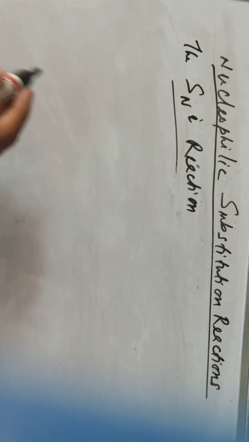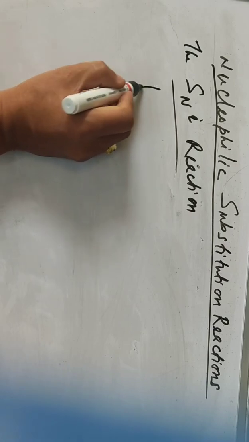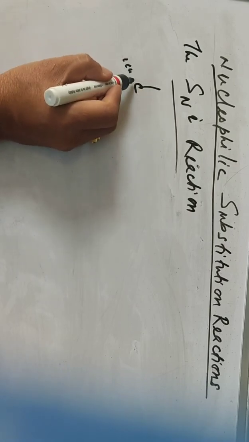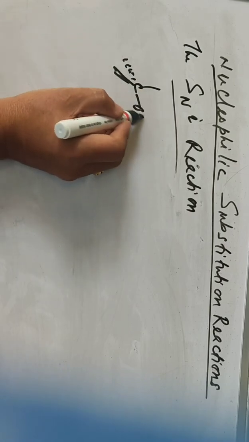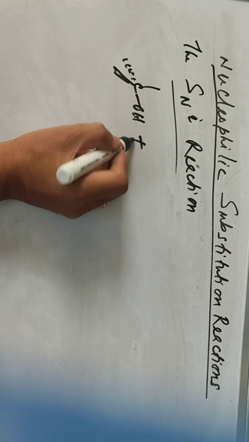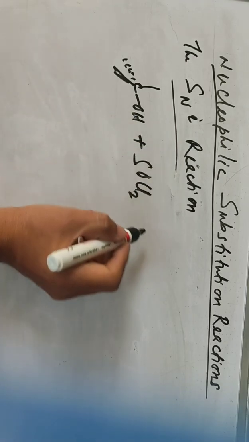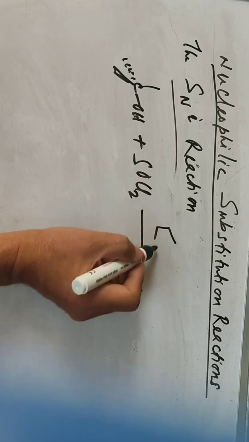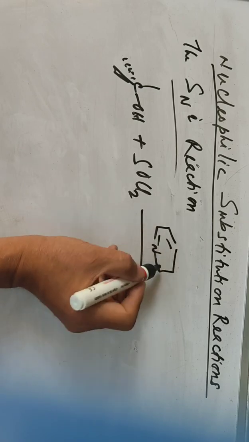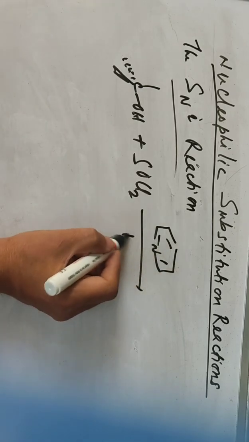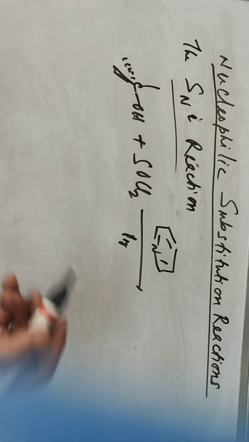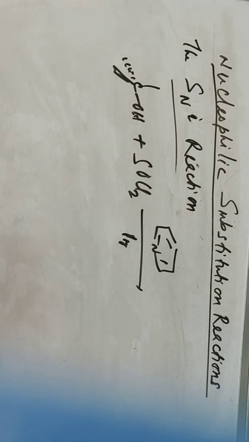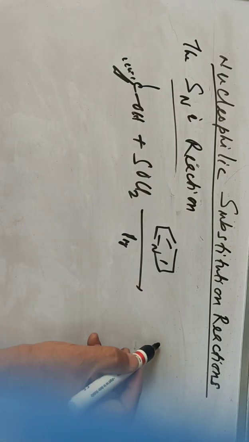Suppose we have an alcohol in the presence of thionyl chloride, SOCl2, and pyridine.